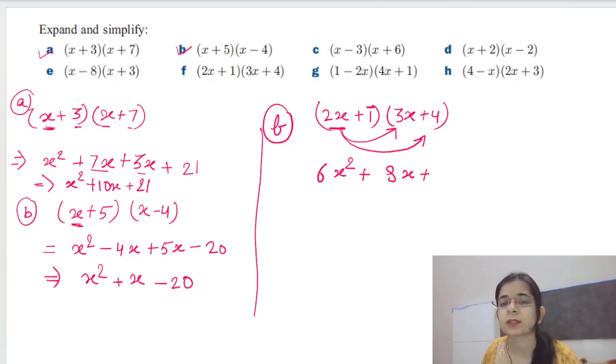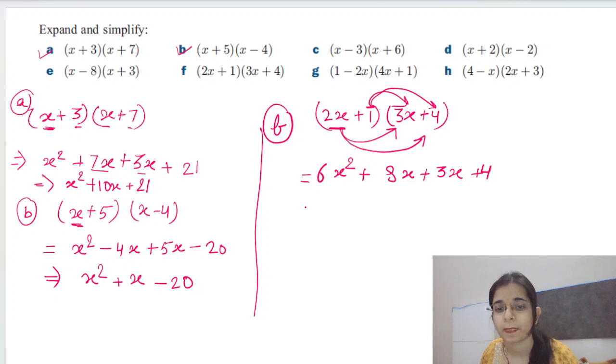Now taking the second term, applying the distributive law, 1 into 3x, 3x, and 1 into 4 is 4. Now 6x square plus 11x plus 4.